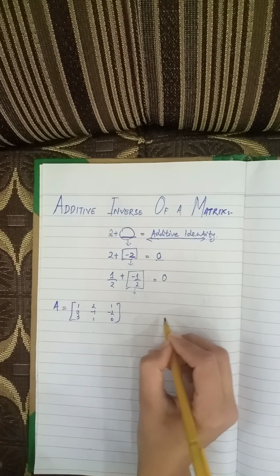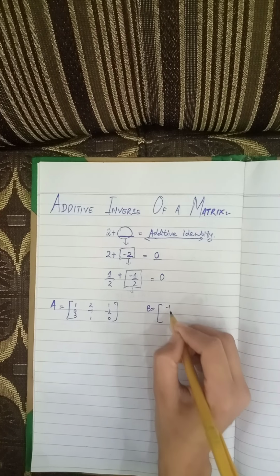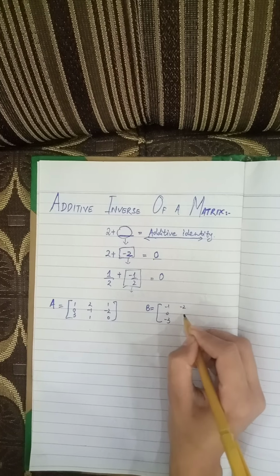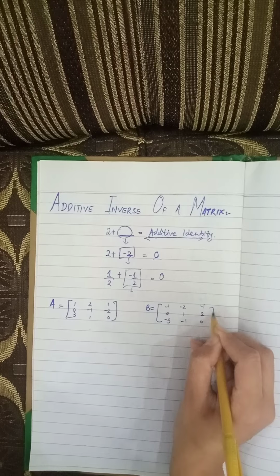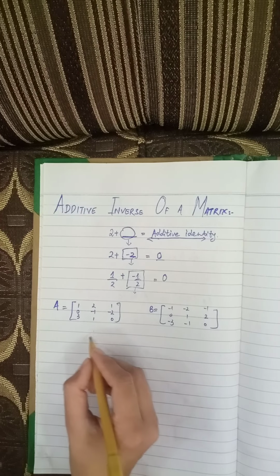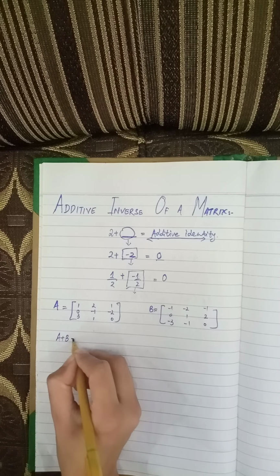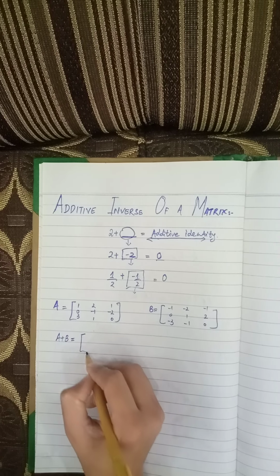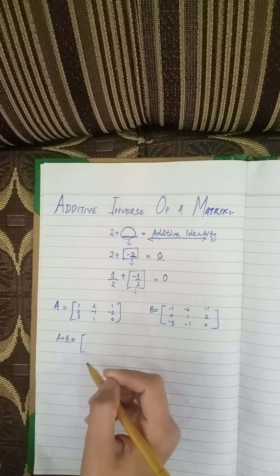This is the matrix A, and we have matrix B as minus 1, 0, minus 3, minus 2, 1, minus 1, minus 1, 2, 0. This is the second matrix. Then if their addition gives us the null matrix, then B is the additive inverse of A and A is the additive inverse of B.